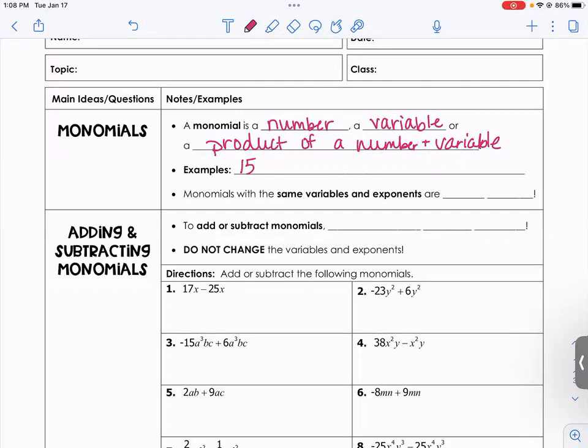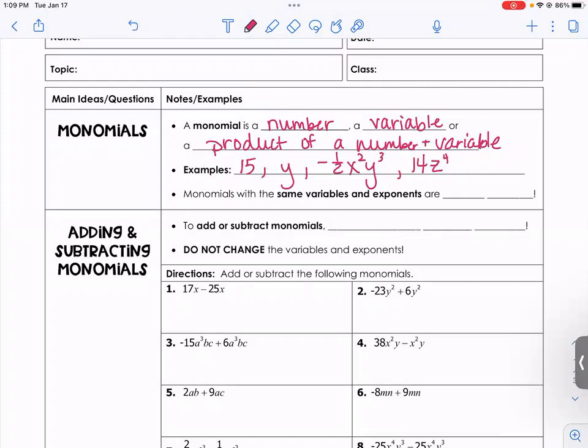It can be a variable like y, or it could be something like -1/2 x squared y cubed, or it could be something like 14 z to the 4th. Okay, but it's one term.